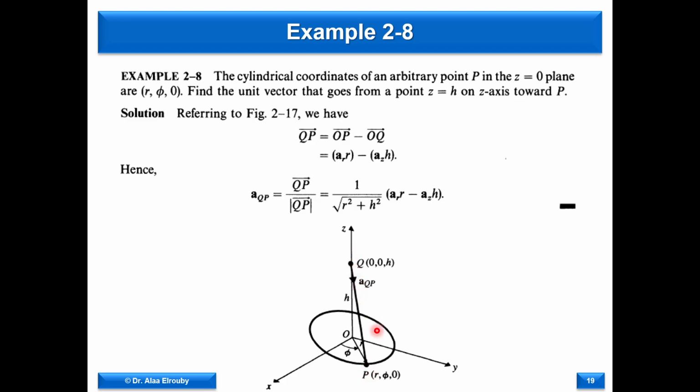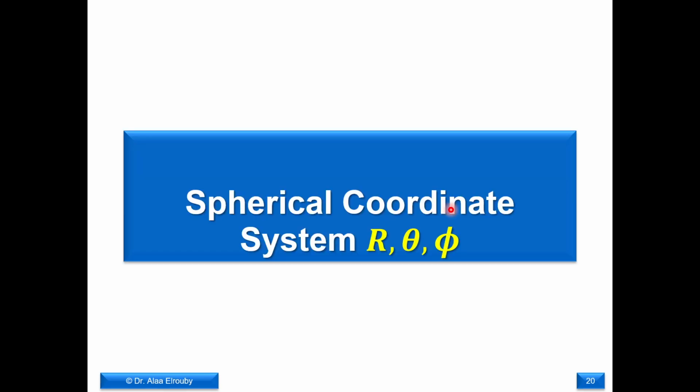So QB is this vector, and the unit vector along this direction is the vector divided by its magnitude, which is 1 over the square root of R squared plus H squared, multiplied by QB, which is R in the AR direction minus H in the AZ direction. So this is the solution for this example. Now we're going to move to the spherical coordinate system.